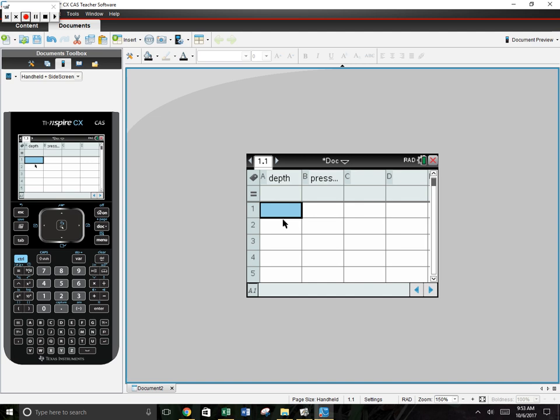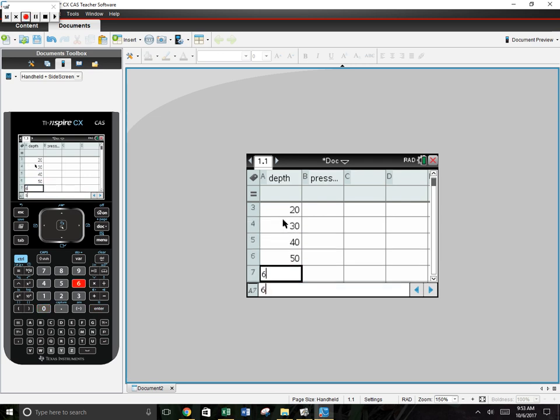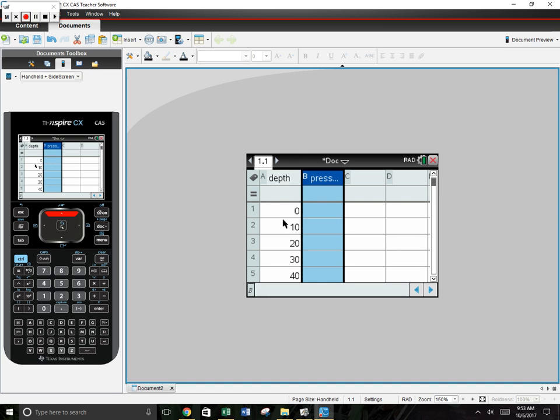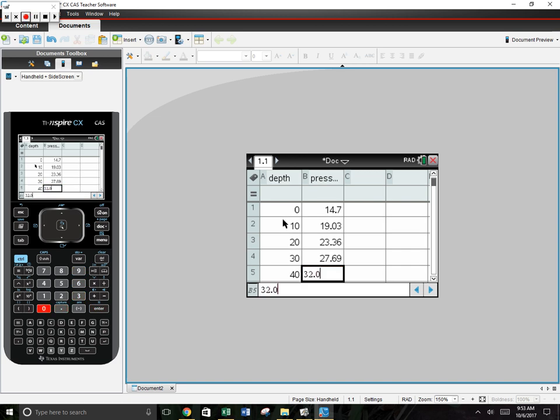Now in cell number 1, we'll go 0, 10, 20, 30, 40, 50, 60. Then in B1, 14.7, 19.03, 23.36, etc.